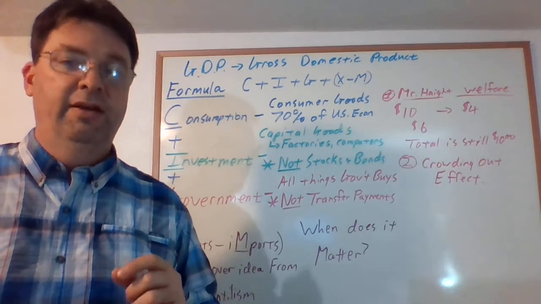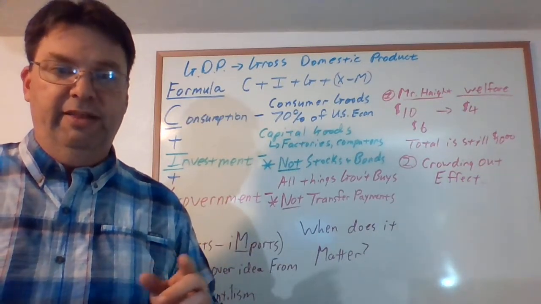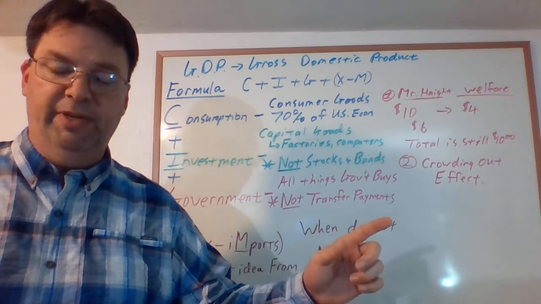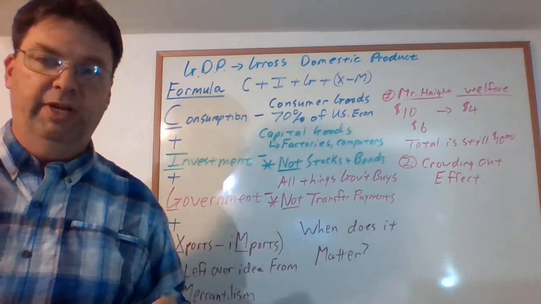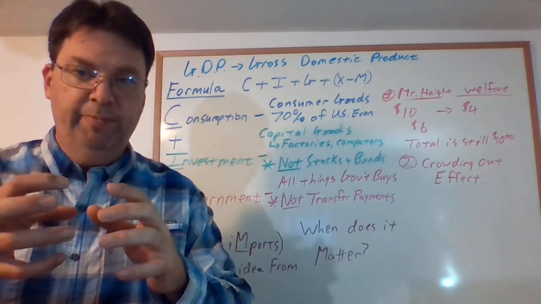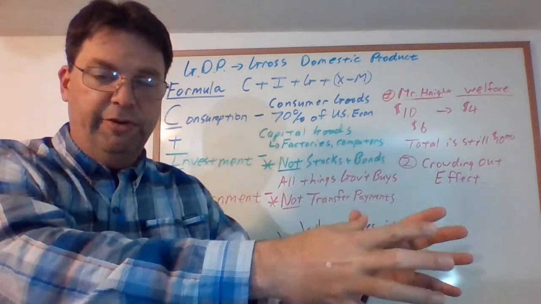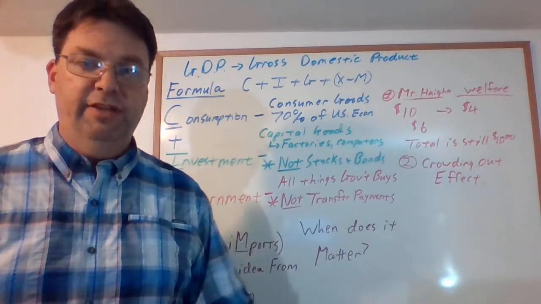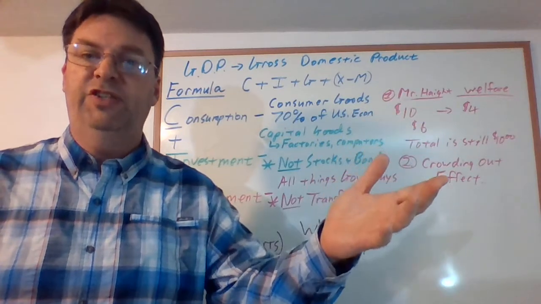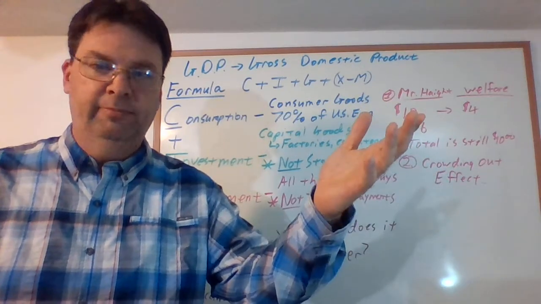Now, we have to be very clear about this, and this is an interesting concept. It is not transfer payments. So what our government does is they take money from one group of people and they give it to another group of people. And those people who received it think, yeah, I got more money, so the government must have spent money on me.